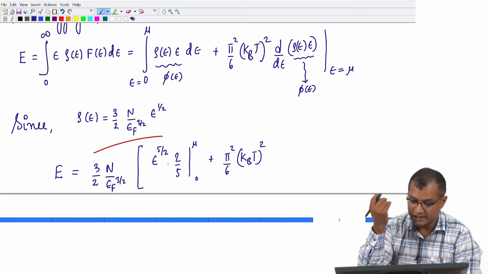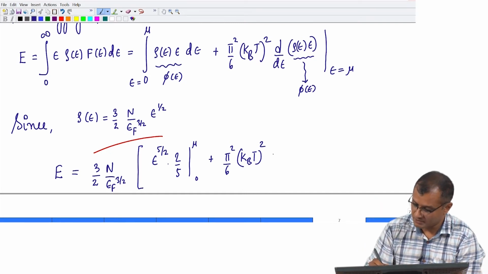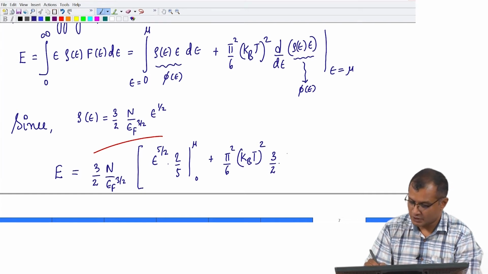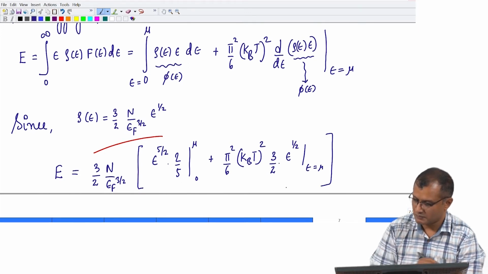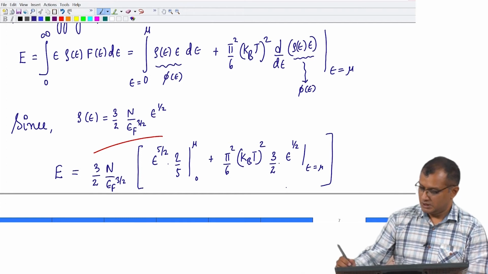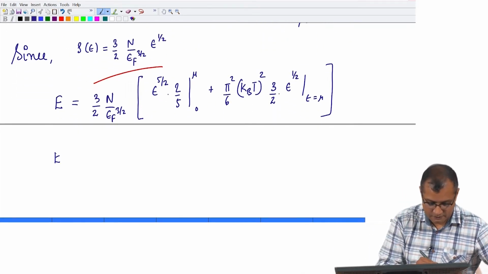So, I will be taking derivative of e raised to 3 by 2. So, that would be 3 by 2 into e raised to half at E equals to mu. Fine. So, now you can see that this becomes a nice expression.